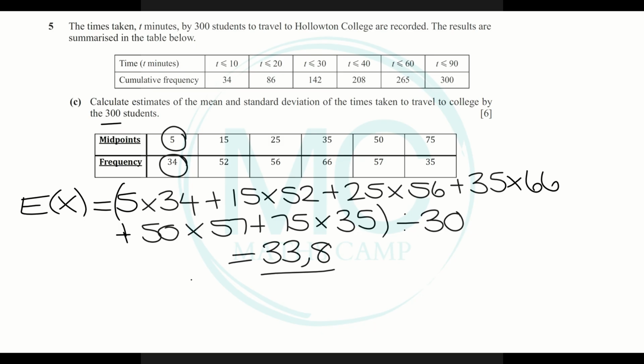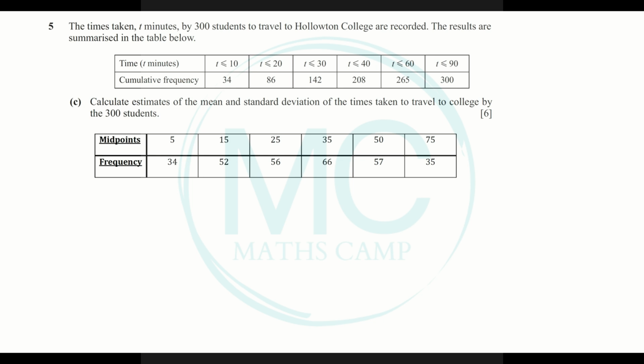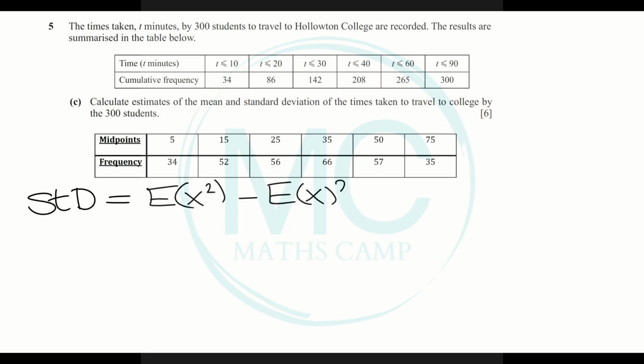So let's make some space. To find the standard deviation, we say standard deviation is equal to the square root of EX squared minus (EX) squared.